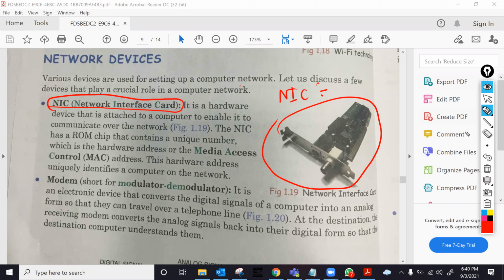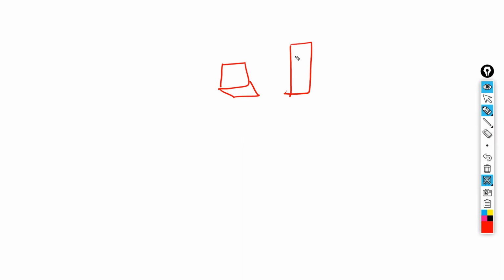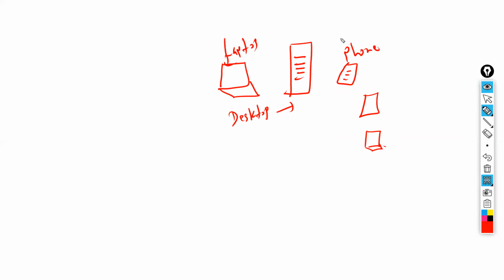So this is the NIC card, right? The purpose of the network interface card is that every computer, even the laptop, the desktop, the smartphone, the tablet, the notebook, whatever, has this NIC, network interface card.